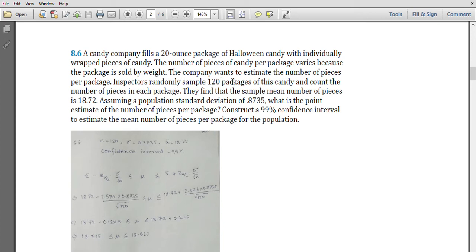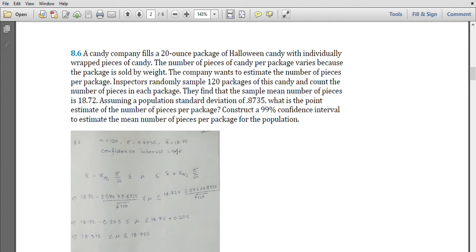Randomly sample 120 packages, so we have n equals 120. Next, the number of pieces are counted, and the sample mean is 18.72, which is plain and simple, so x bar will be 18.72. The standard deviation is also written explicitly, so we can just take sigma equals 0.8735.